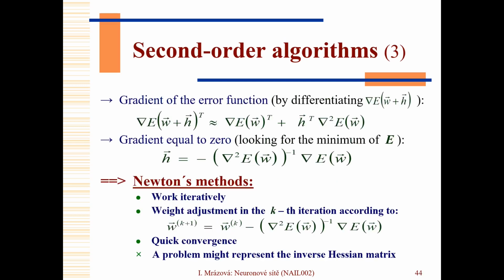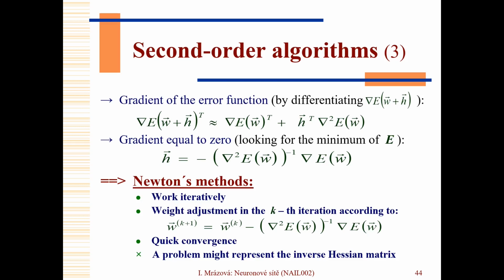Well, for the second-order algorithms, we have assumed that we are in the vicinity of an acceptable local minimum, and the error function has a quadratic shape in this region.